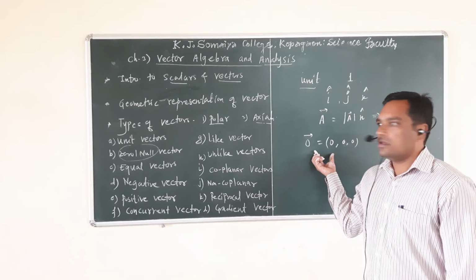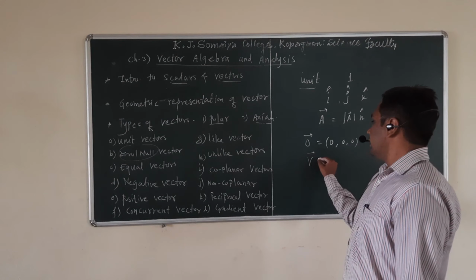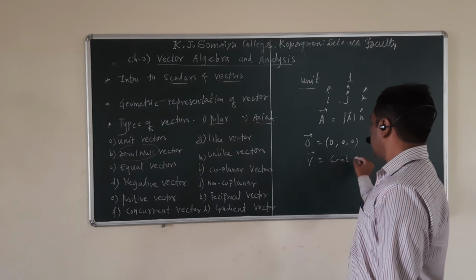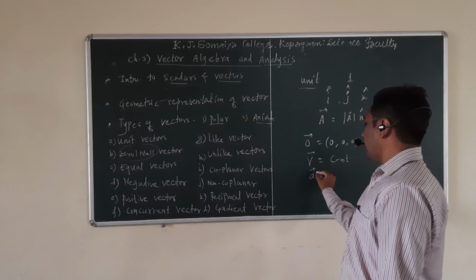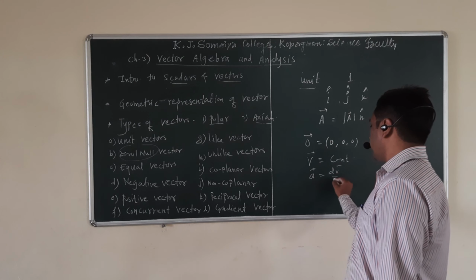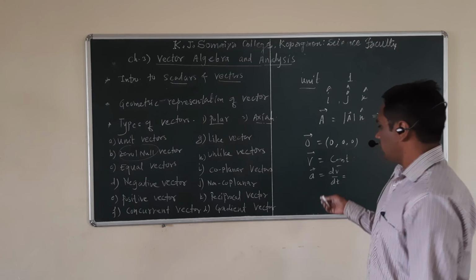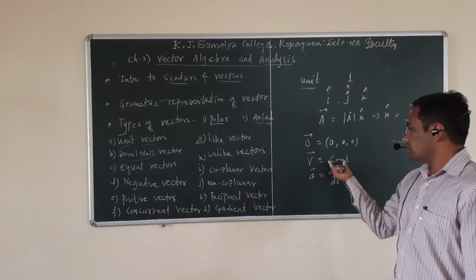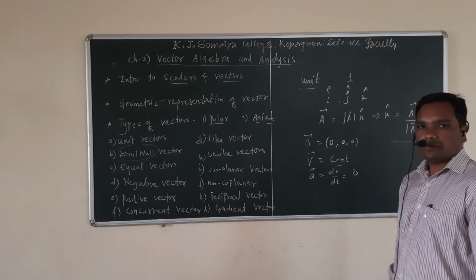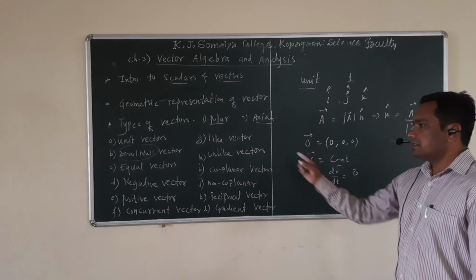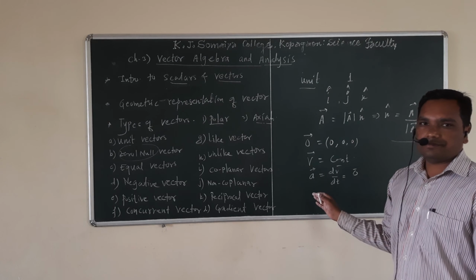If velocity is constant for any object, then we know acceleration is the rate of change of velocity. If velocity is constant, then the derivative of a constant is 0. Then again this is a 0 or null vector.